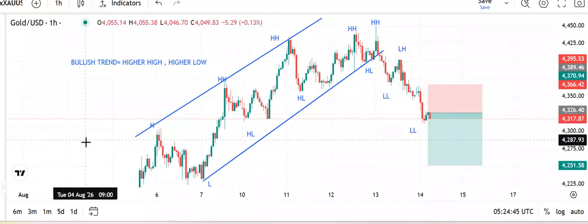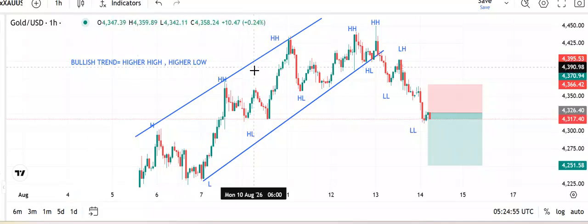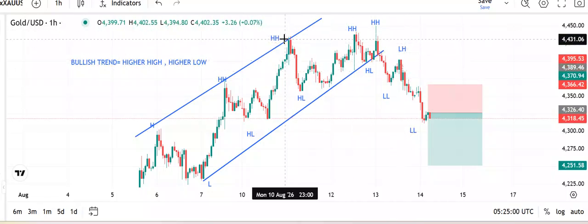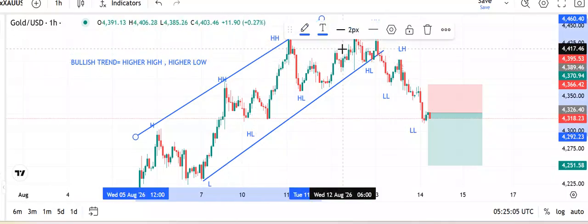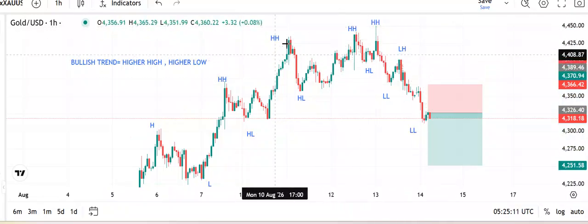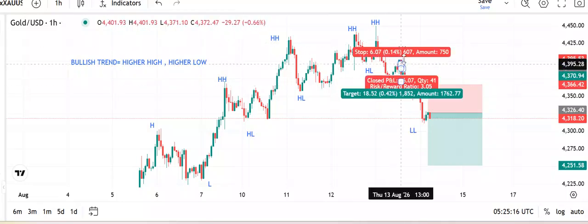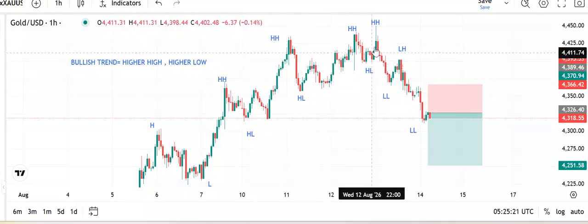So the first thing when you come to the chart is to find out if price is in a trend. And you wait for range. Now this is the range. Range is where you start to see price form higher high, higher low, mixed with lower high, lower low.